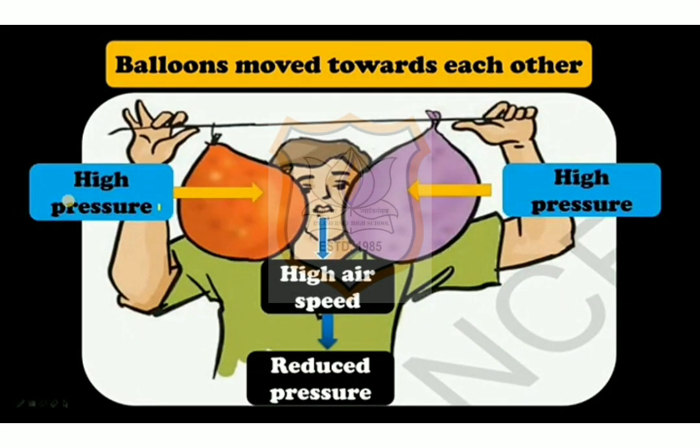The reason is that on blowing in the space between the two balloons, the air pressure decreases there. So the two balloons are forced towards the space between them and come closer.